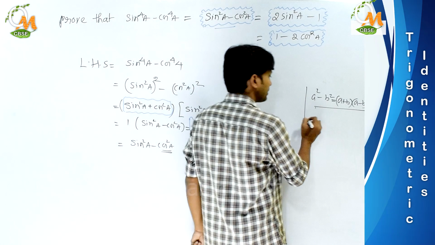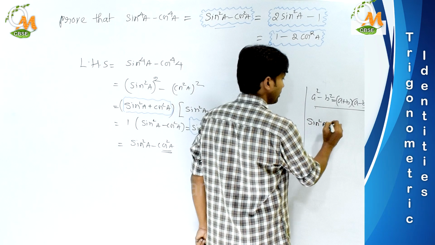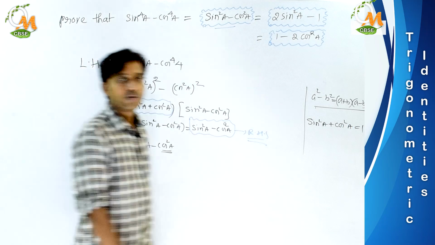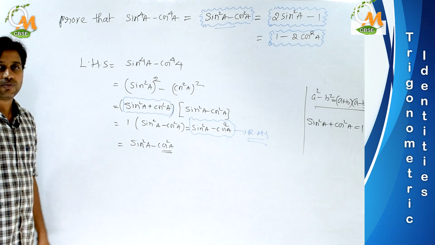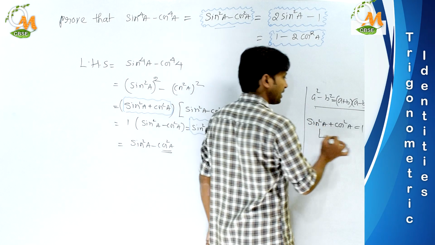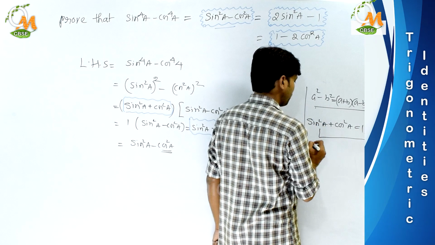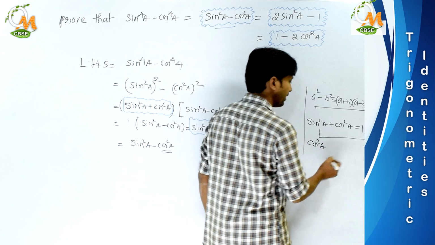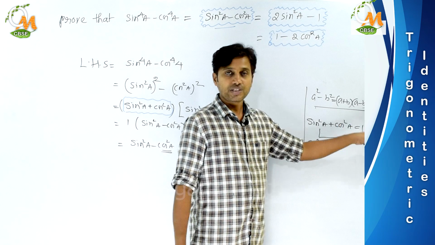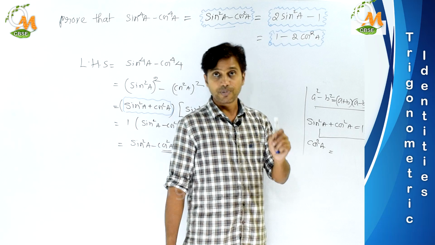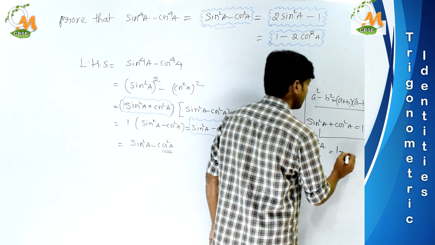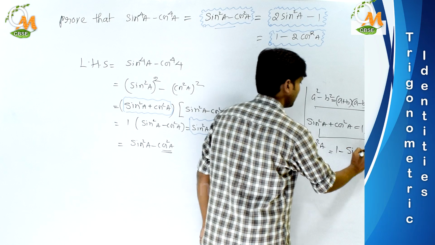Take sine square a plus cos square a equal to 1. If you bring sine square a to the other side of the equation, the sign changes, so cos square a equals 1 minus sine square a.